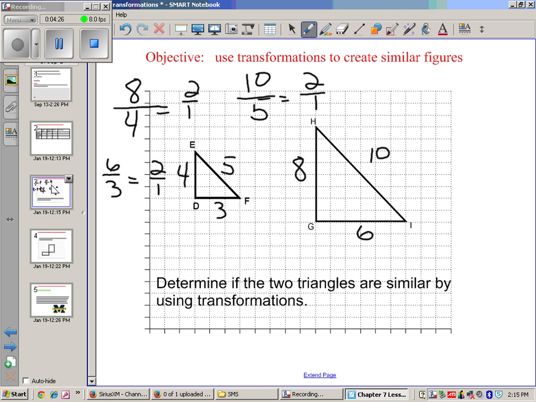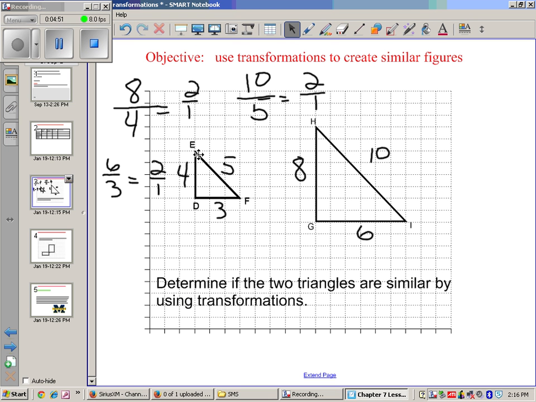So our ratios are the same, as well as our translation, where we slid it over, showing us we had similar triangles. So there are two ways to determine if these two triangles are similar: by translation and also by our ratios. Each side is a 2-to-1 ratio, so they are similar triangles.